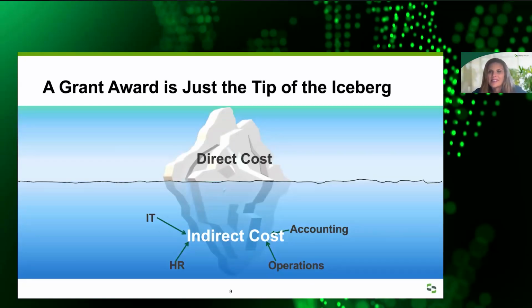So one of the things I like to see is, because the world sees the glacier sitting on top of the water, right? They only see the direct cost. This is the program. That's what everyone sees. But really, it takes all of the indirect costs to hold up that glacier, to hold up that program. You need the support of that, or else it just sinks. I know it's a simplistic graphic, but I think it's a really poignant point to make.